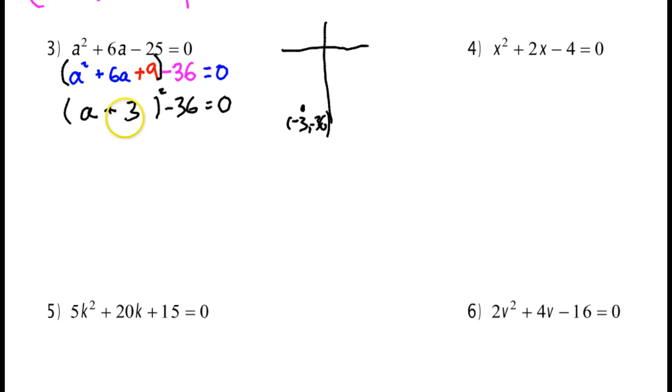All right, and now let's solve. So add 36 to both sides. Okay, so now this will be equal to 36 by adding 36 to both sides. So a plus 3 squared equals 36. Square root both sides.